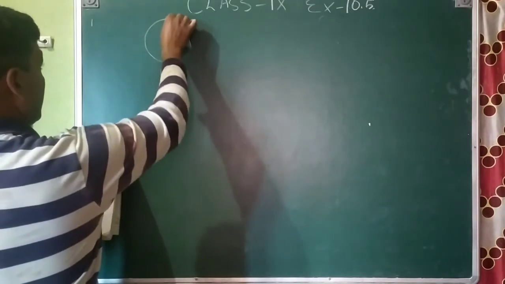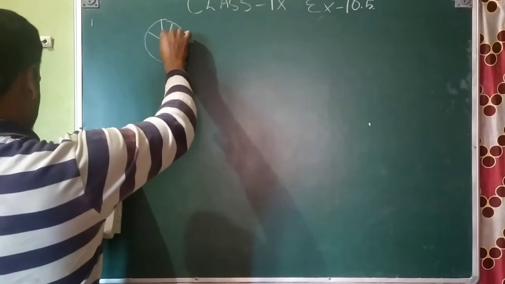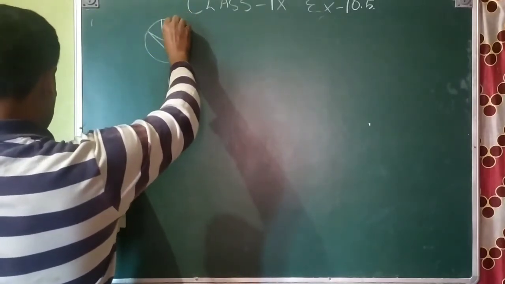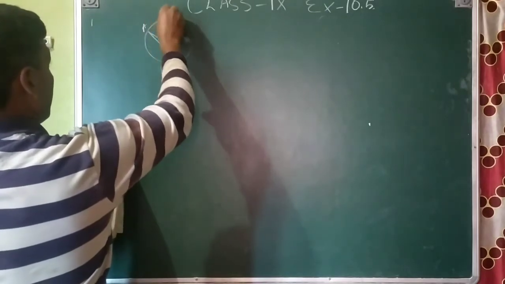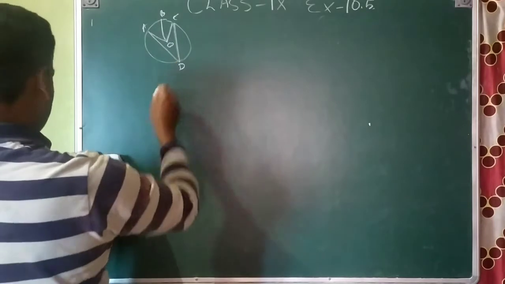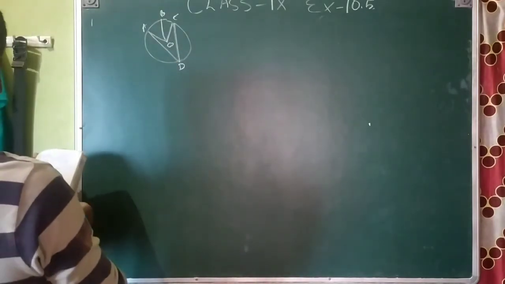That is the center point, and then this is A, B, C, O, obviously that will be O, this is D, and then angles 60 and 30.